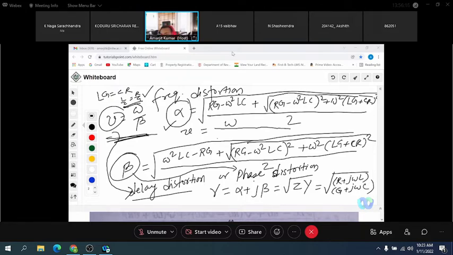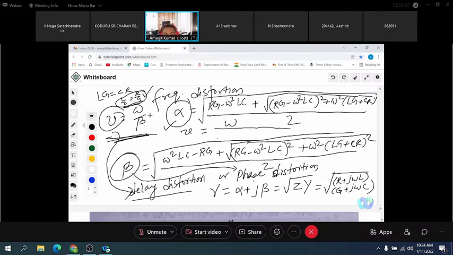Basically, this Lg is equal to CR that you told me. Lg is equal to C into R, or Lyc is equal to Ryg. The same condition will give you alpha independent of frequency. So frequency distortion is also eliminated.